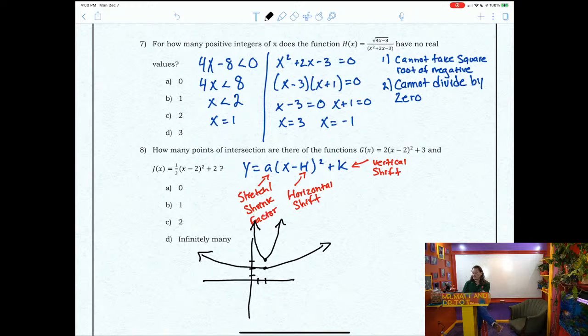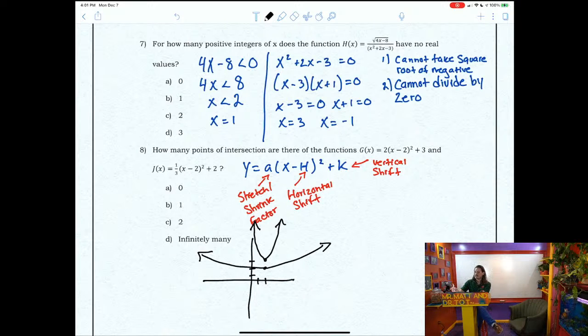So if the quantity x minus 3 times the quantity x plus 1 is equal to 0, then x minus 3 has to be equal to 0, and x plus 1 has to be equal to 0. Adding 3 to solve for x in the first equation, we'd find x to be equal to positive 3. Subtracting 1 in the second equation, we'd find x is equal to negative 1.